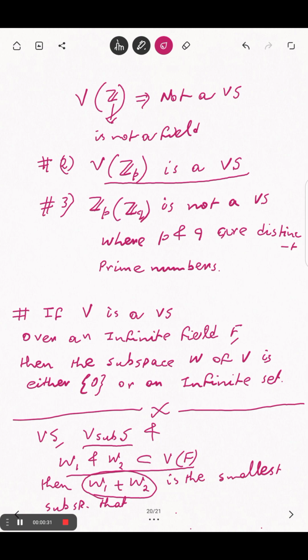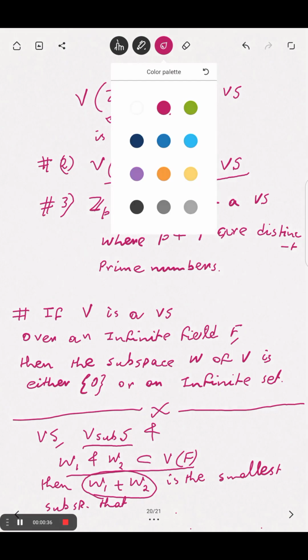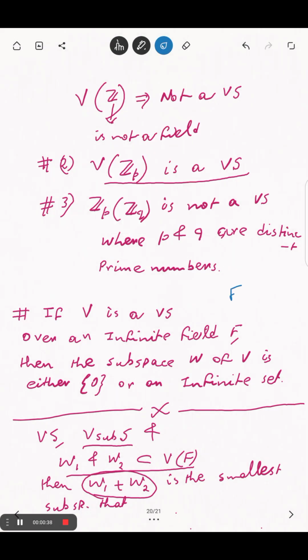But as a reminder, I have talked about infinite fields like F may be R or C or Q. But a vector space can also be defined on a finite field like Z_p. Z_p is a finite field where p is a prime number.